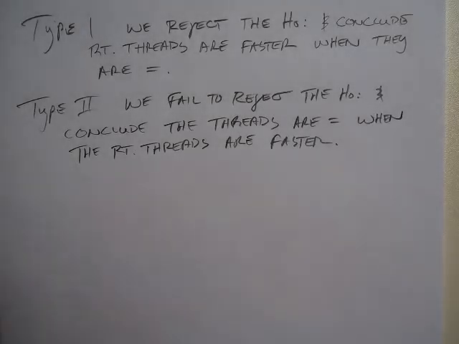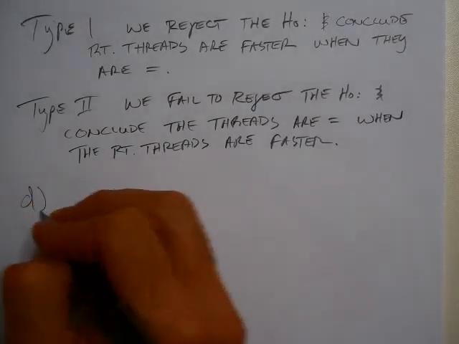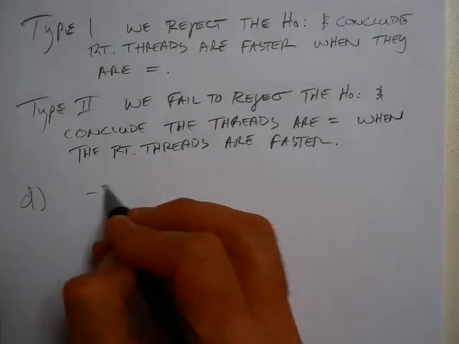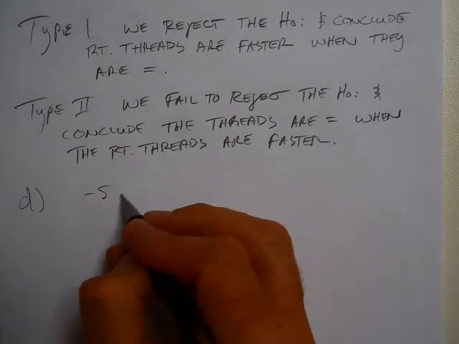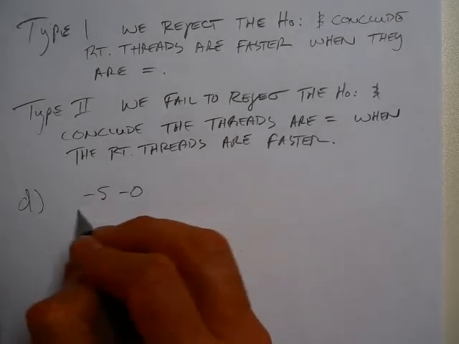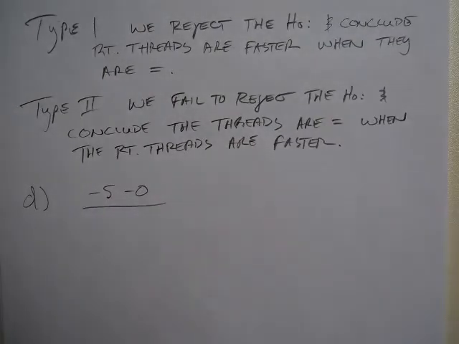The last part of this problem asks us to look at what if the difference was only 5? I don't know what we're talking about, seconds or something like that. Would it still be significant? So in this last part, I think it's D, we're going to standardize where the right threads are faster by average, but only by 5 seconds or whatever the time measurement is there.